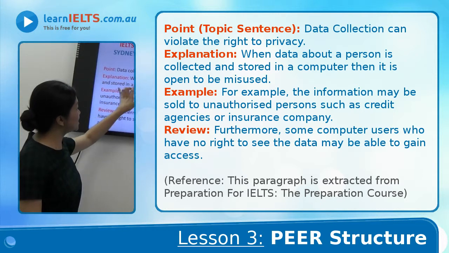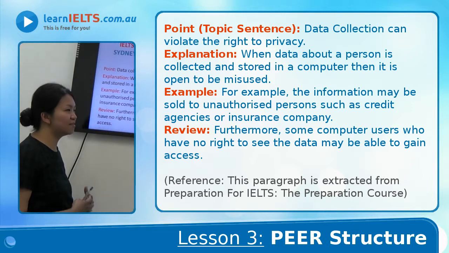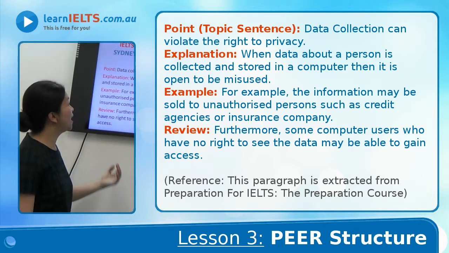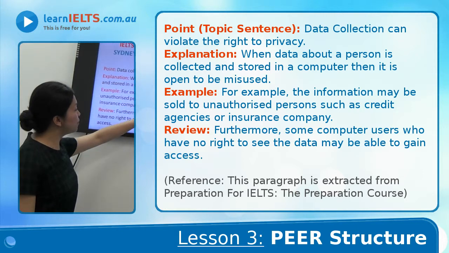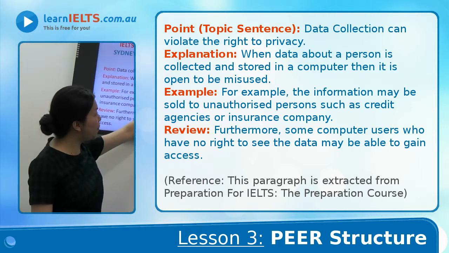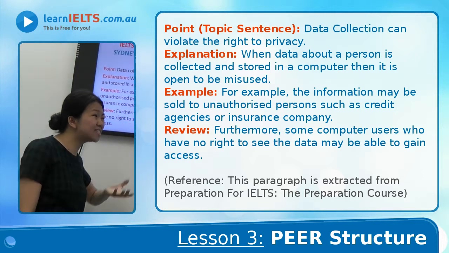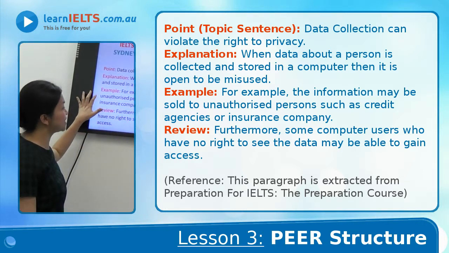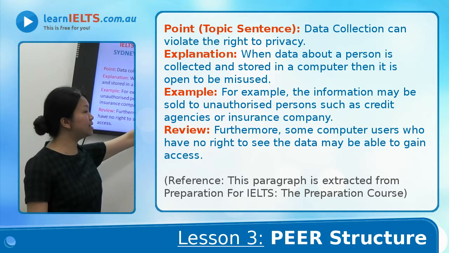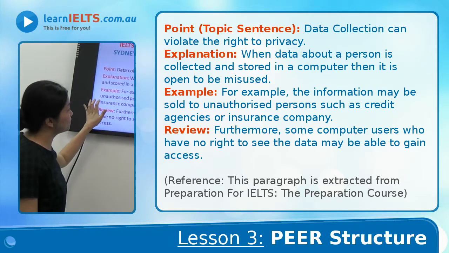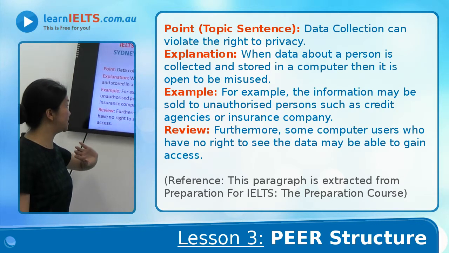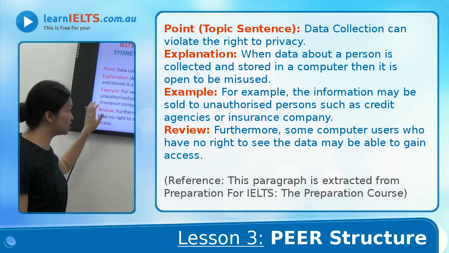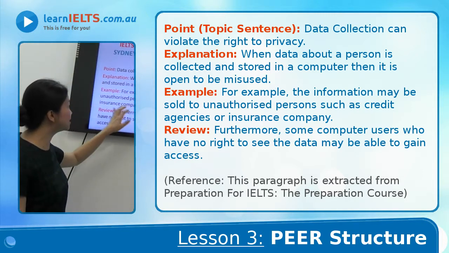Because the explanation sentence may be a little bit vague and sometimes very hard to understand. When you have a concept like open to misuse, people may not quite understand what that means. Here you give an example of what is meant by open to misuse. The example is, for example, the information may be sold to unauthorized persons such as credit agencies or insurance companies.